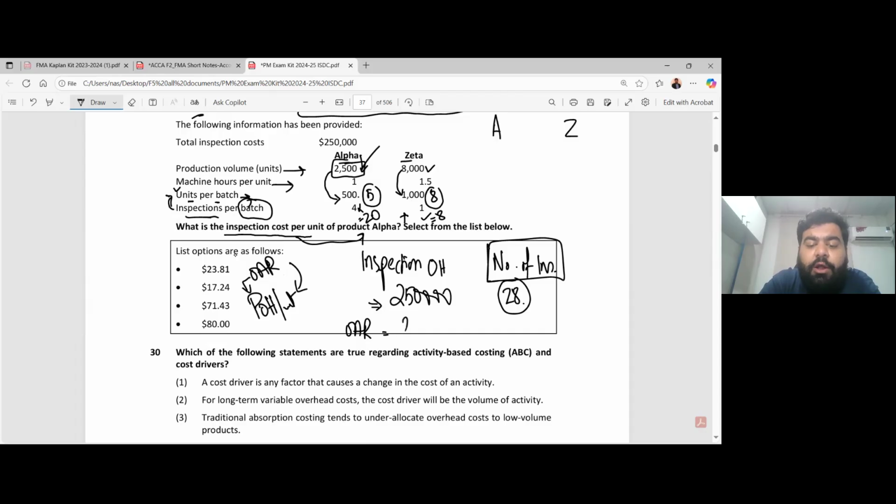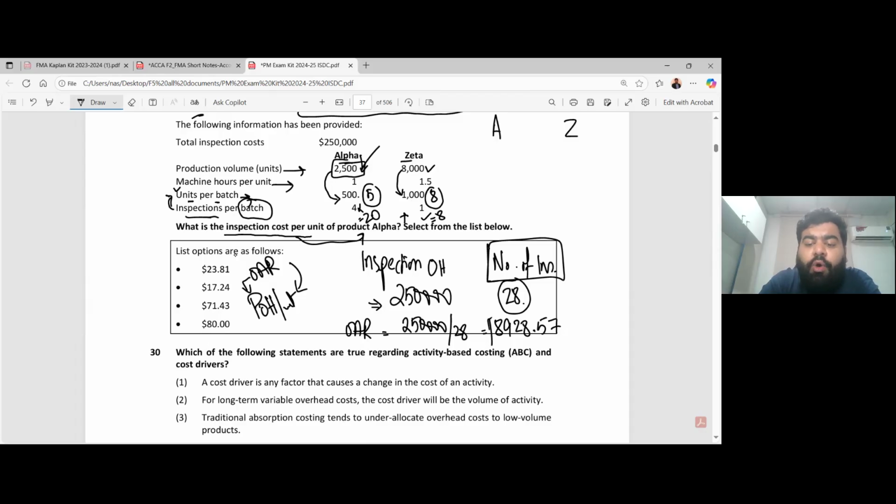Now we will calculate the OAR, because using the OAR we can calculate production overhead per unit. So OAR will be the 250,000 cost pool divided by the cost driver, 28. 250,000 divided by 28 is 8928.57.